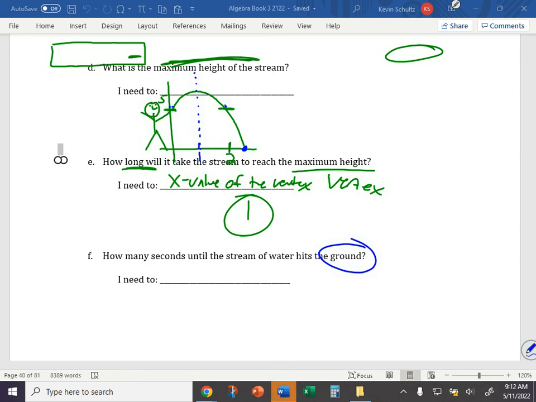That's the x-axis. We need to solve for the x-intercepts. Based on the equation we have here, negative 16x squared plus 32x plus 5, I'm not too hopeful of a factorable equation. And so we're going to go ahead and use the quadratic formula for this.